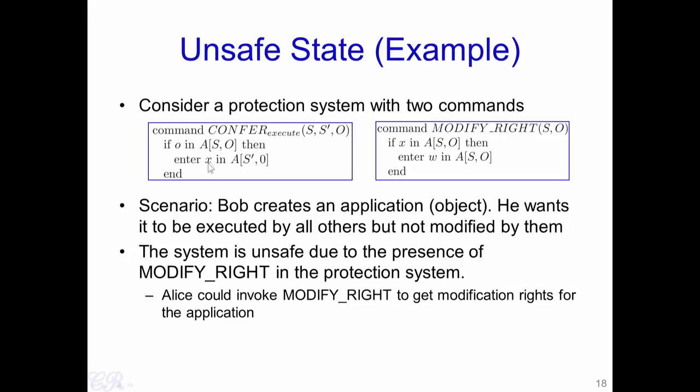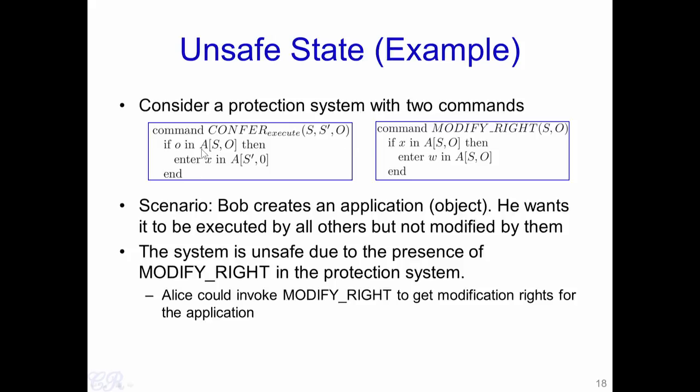What we see is that Bob has given the execute permission on a particular object, and the system's access control mechanism is built in such a way that because this right is present in a particular object, the W right is also given for that object.